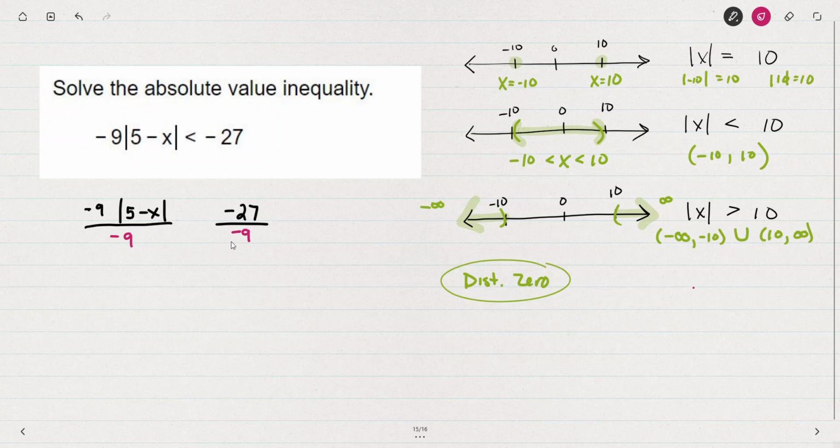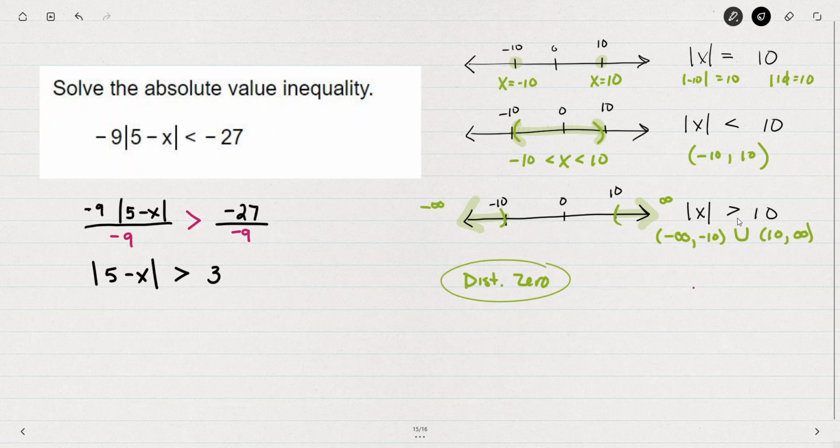Now, when I divide by a negative 9, notice that the less than is going to change to a greater than. So now what we're looking at is the absolute value of 5 minus x is greater than positive 3.